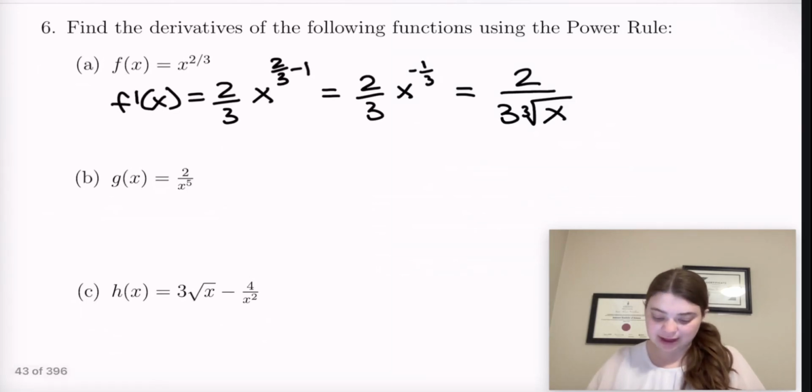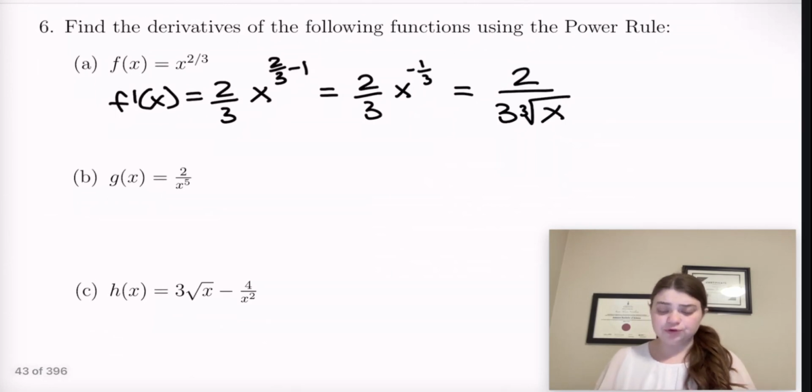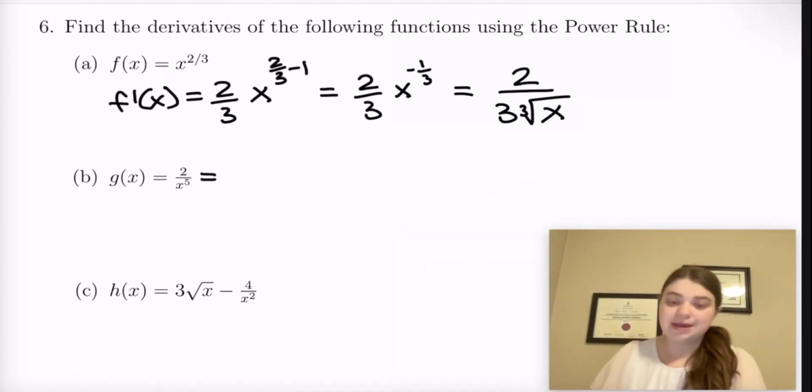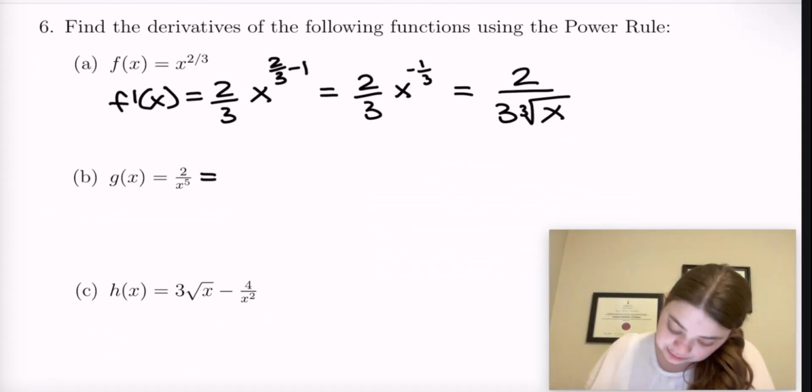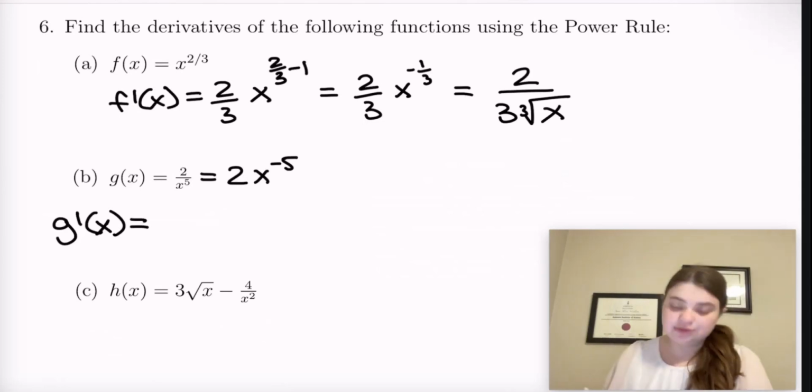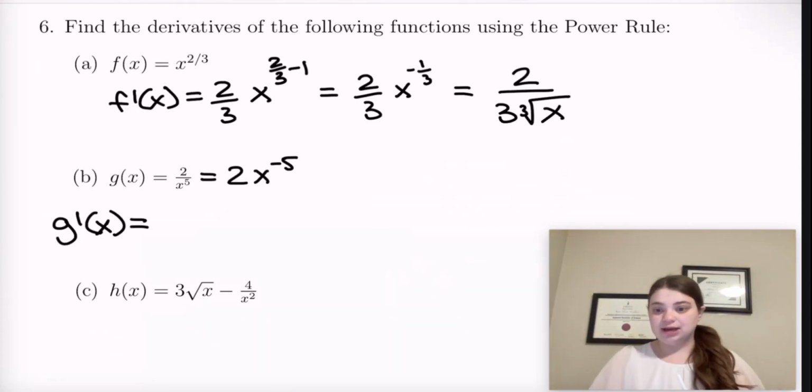2 over x to the power of 5. So first thing I'm going to do here for stuff like this is I'm going to put this in the numerator. So recall that x to the power 5 in the denominator is the same as x to the power of negative 5 in the numerator. So this is the same as 2x to the power of negative 5. So the derivative, the first thing we would do is we would put negative 5 out in front as the coefficient.